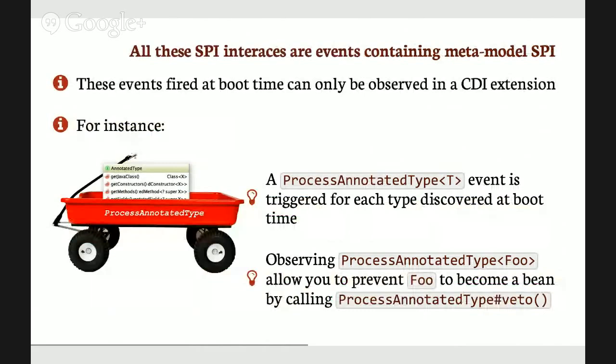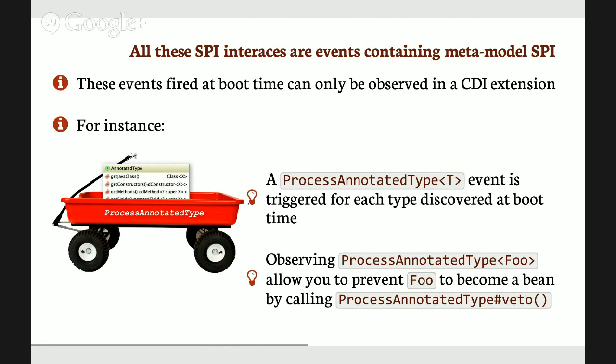So there are events, like I said, and each of these events contains a metamodel interface. For instance, if you take the ProcessAnnotatedType event, it's a kind of vehicle for an annotated type, so in fact a class, and you can use this vehicle to change the way this annotated type will be taken into consideration by CDI.